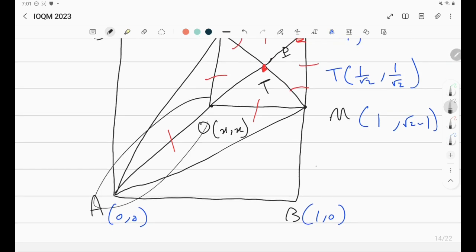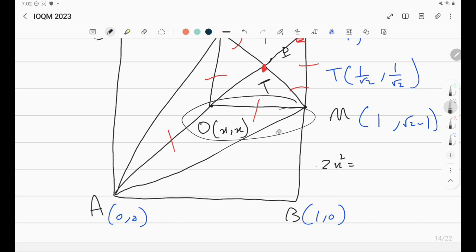So this distance is, of course, the square root of x squared plus x squared, so we have simply 2x squared equal to this distance squared. You apply the distance formula and you get (x minus 1) squared plus (x minus root 2 minus 1) squared. So the 2x squared will cancel here. We take 2x and 2x, so here we're going to have 1 plus root 2 plus 1 minus 1.